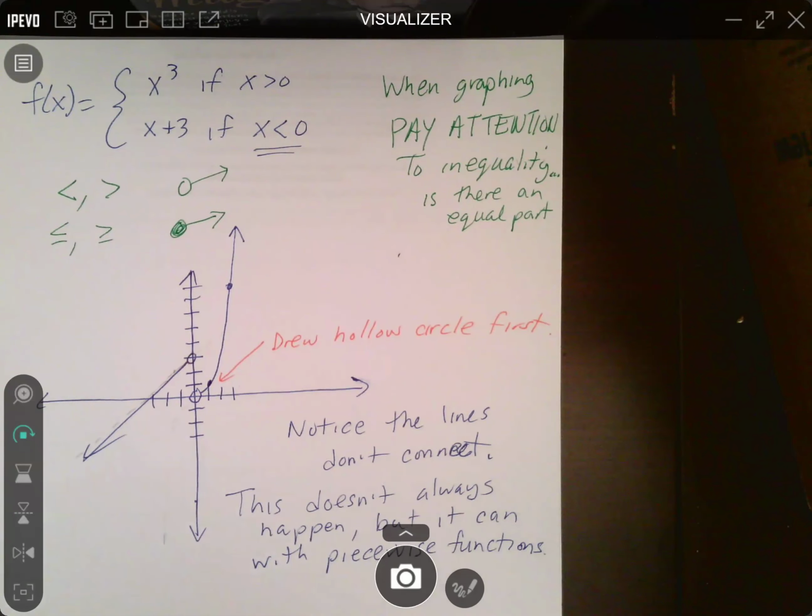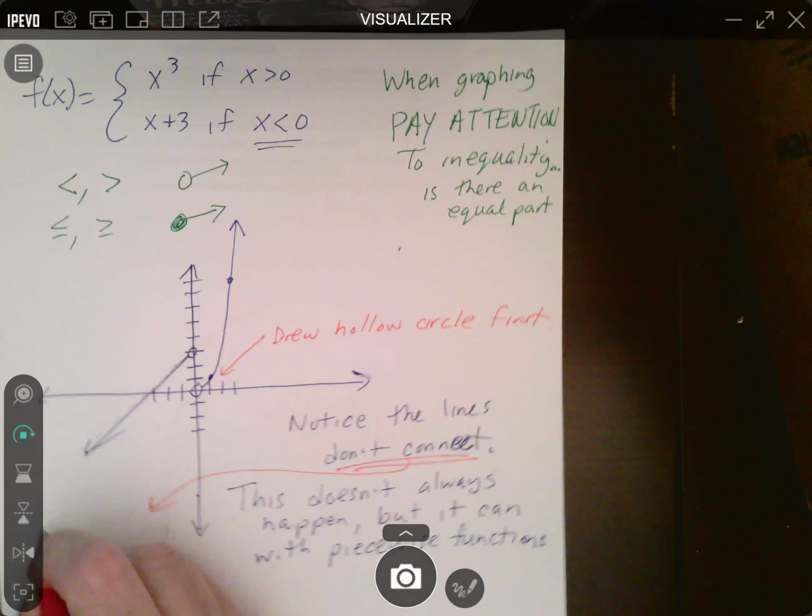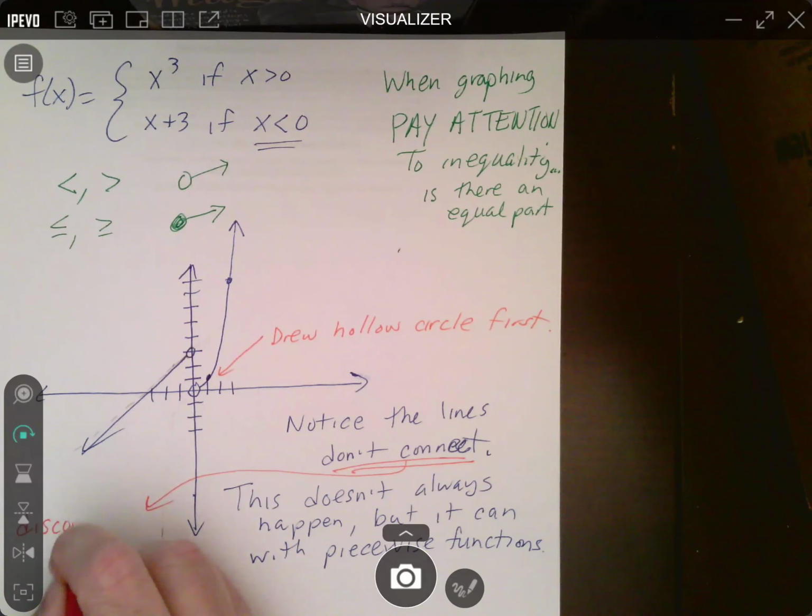When it's like this and it doesn't connect, we call this a discontinuous function.